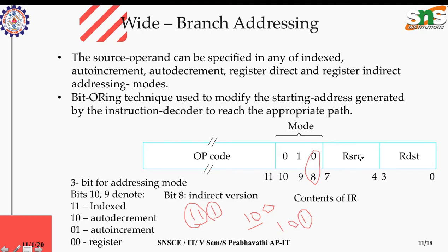Here the bit numbers from 4 to 7 are used to indicate how many bits are there: 4, 5, 6, 7, 4 bits. So 4 bits are allocated to identify the source register, and bit numbers 0 to 3, again 4 bits, are used to identify the destination register of the operand.